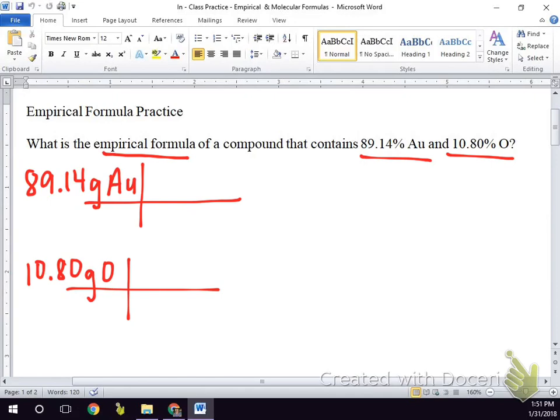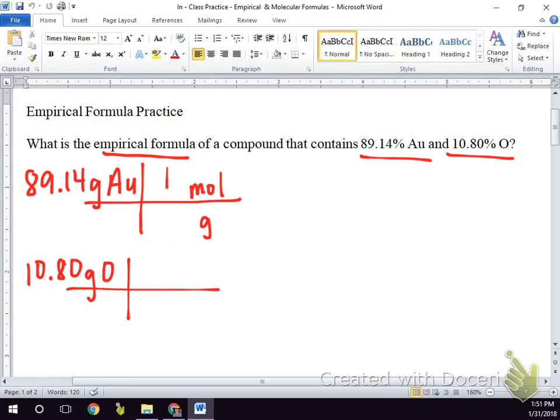Now to go from grams to moles, how do we go about doing that? I have to use the atomic mass or the molar mass. So if I want to go from grams to moles, grams needs to go on the bottom, and moles always gets the what? The 1. So what number goes here? The molar mass, right?